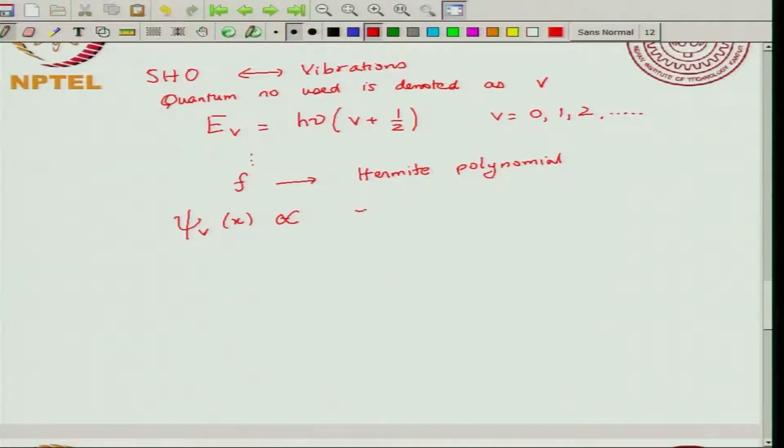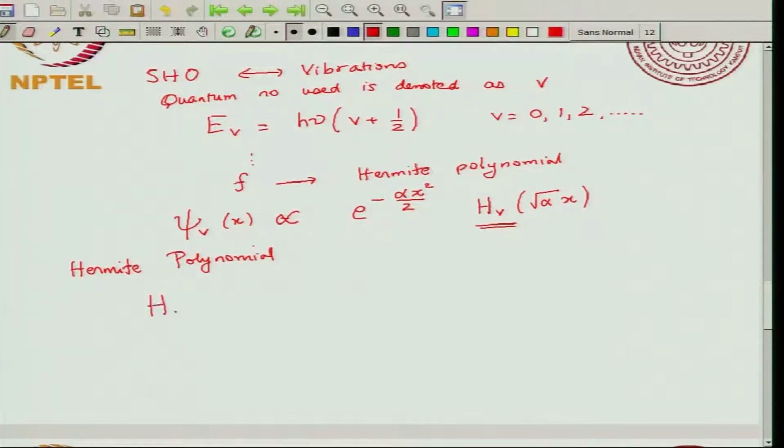So it is proportional to e to the minus alpha x square by 2 times H v of square root of alpha x. Okay, so H v is called a Hermite polynomial. And what is the definition of the Hermite polynomial?